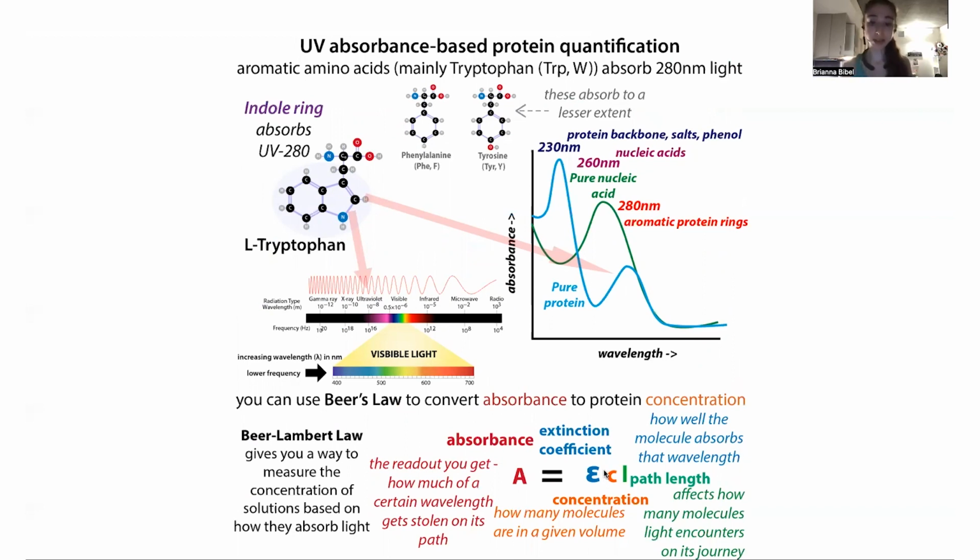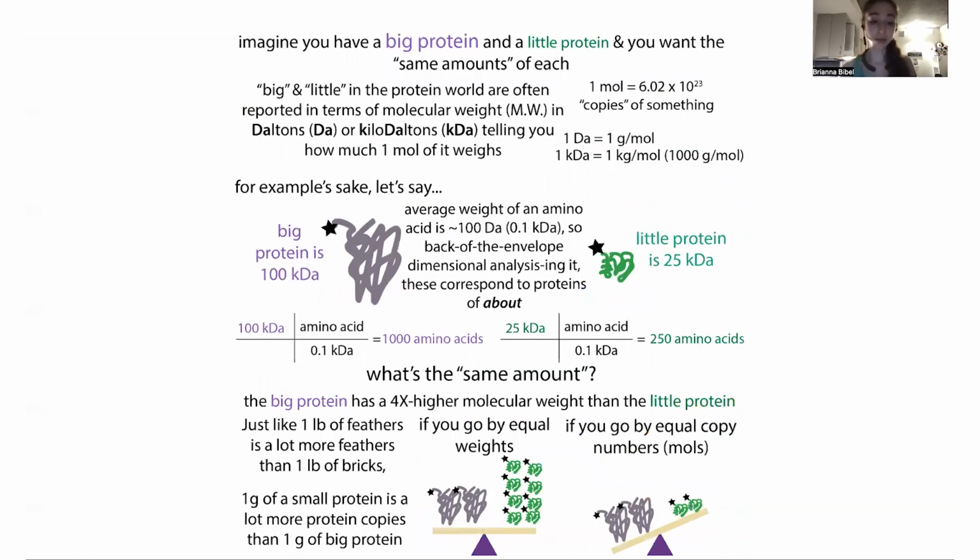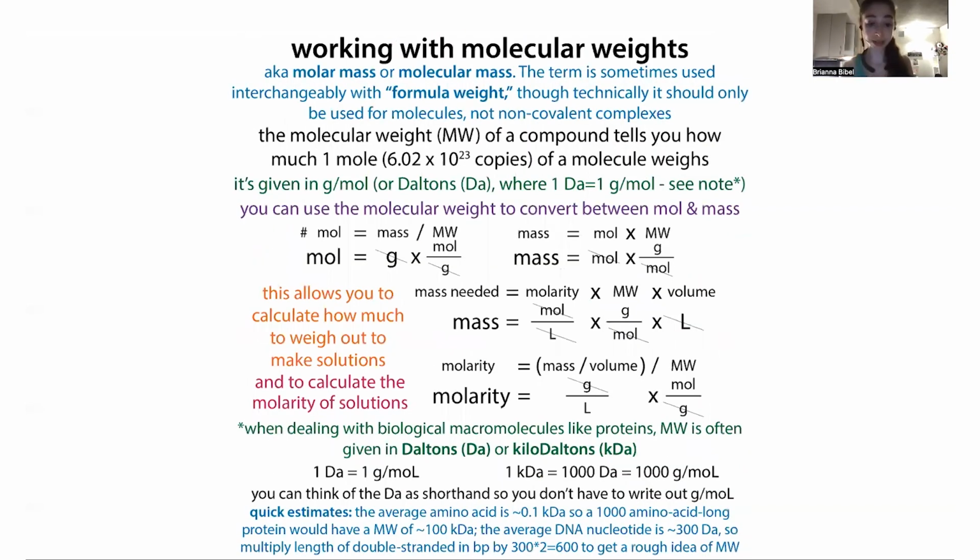Even if you're using a UV absorption method, where you measure the concentration based on knowing that a certain amount of a certain protein will absorb a certain amount of light, and then measuring how much light it actually absorbs and converting that to how much of that protein was there, this is specific for that protein, but it's still going to give you the answer in mgs per mil. And so then you would need to convert it back into your molarity, if that's what you're caring about.